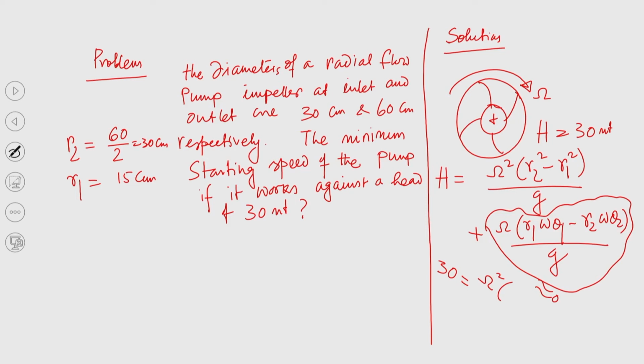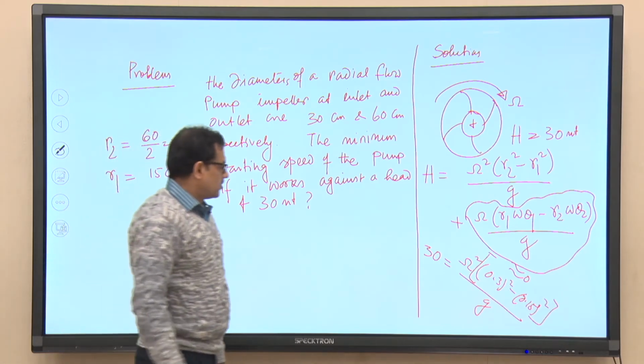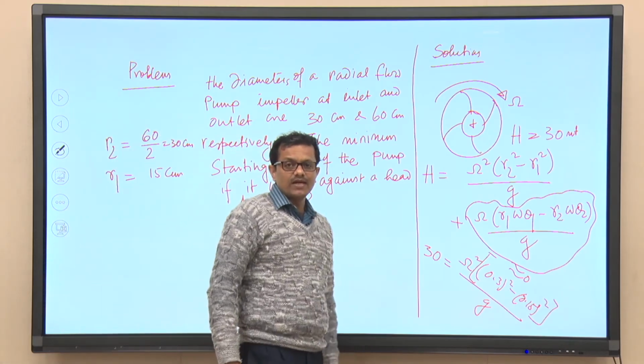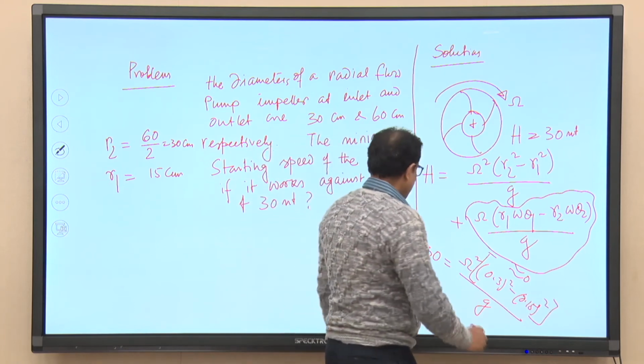So, that would be 0.3 square minus 0.15 square divided by g. So, from this expression we can calculate what will be omega. Now, if we have the value of omega, we can easily calculate.